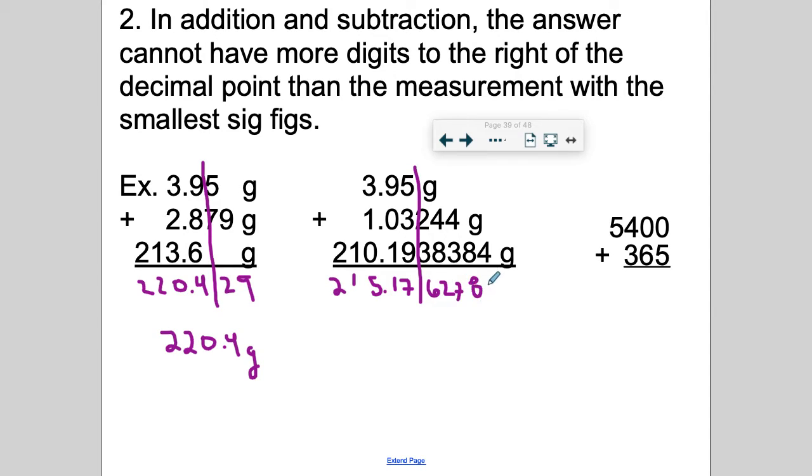Okay, so this is the last place. I look at the digit after it, can I round up? Yeah, so your answer is going to be 215.18 grams.